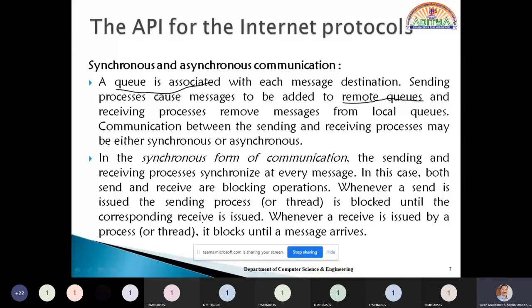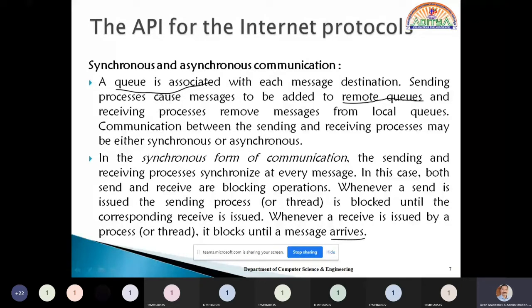So whenever a receive is issued by a process or thread, it blocks until the message has arrived. So this is called synchronous form of communication. In synchronous form of communication, whenever the sender sends a block of data, automatically it will block until the receiver receives the data.